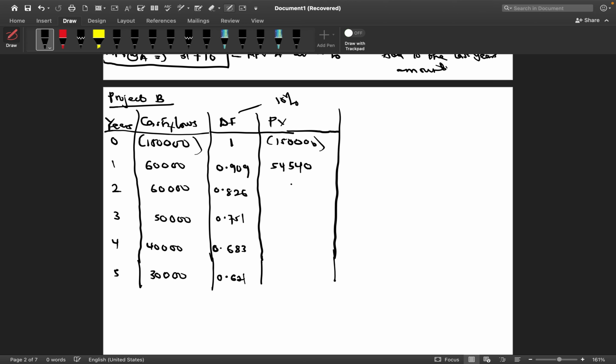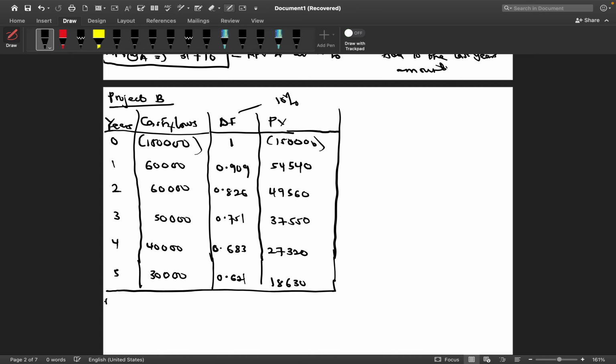The next one, multiply cash flow and discount factor, on the calculator is 49,560. The next one is 37,550. The next one is 27,320. The next one is 18,630. So that's what we have.